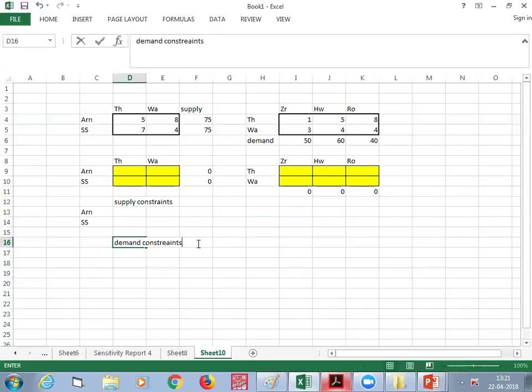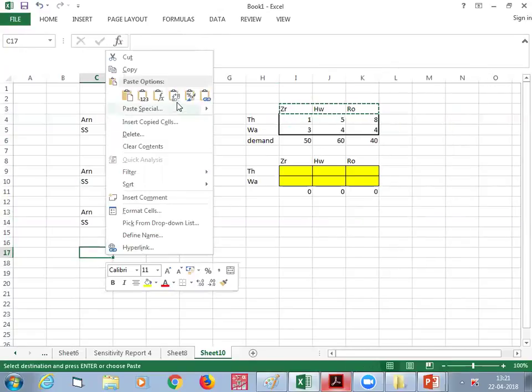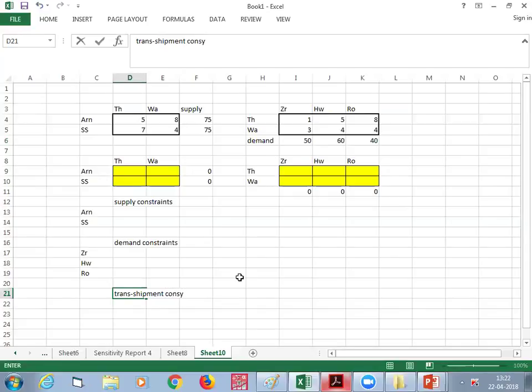It looks better to write it like that. Okay, so this, this, and then transshipment constraints. Okay, and that's for these.